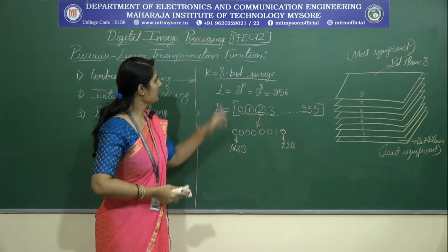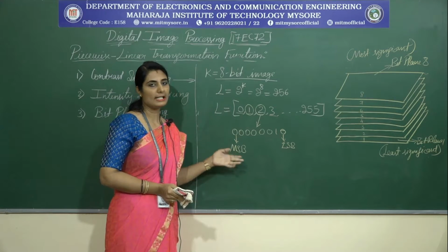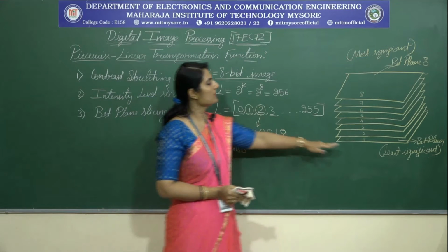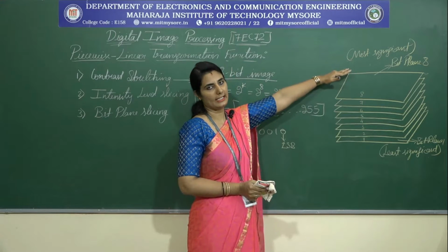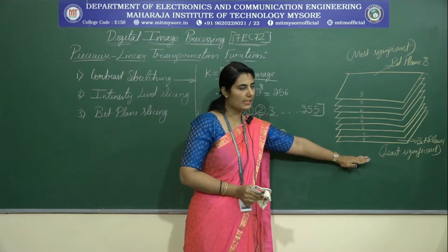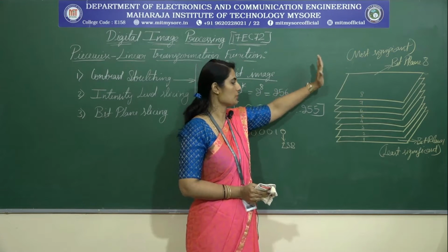So in an 8-bit image, each and every pixel is associated with 8 bit planes, starting from bit plane 1 to bit plane 8. Bit plane 1 represents the least significant information and bit plane 8 represents the most significant information.